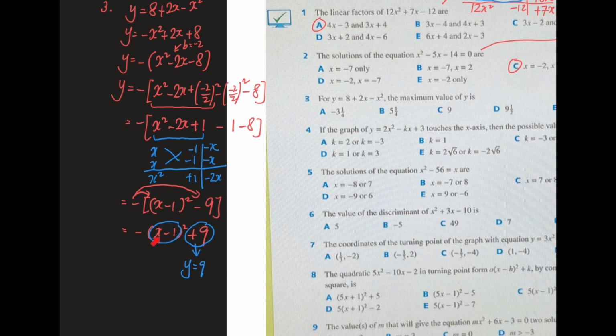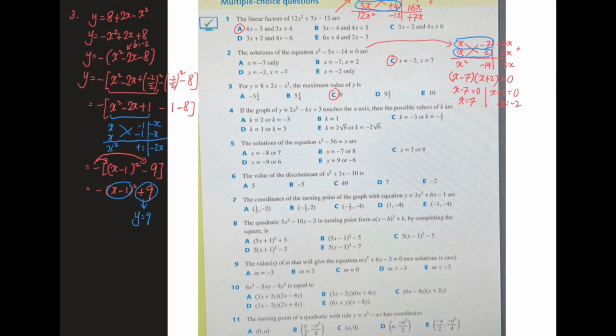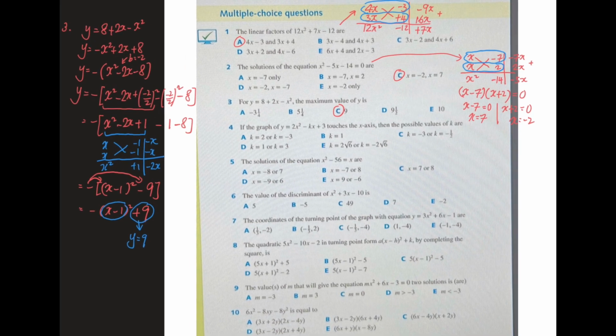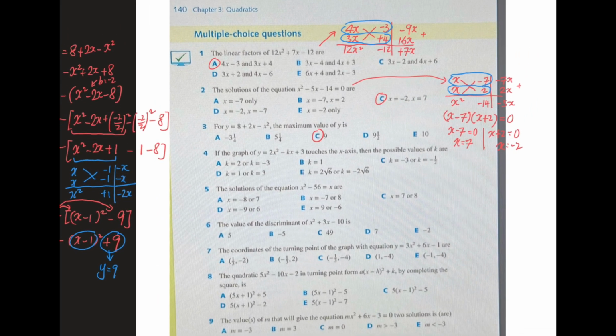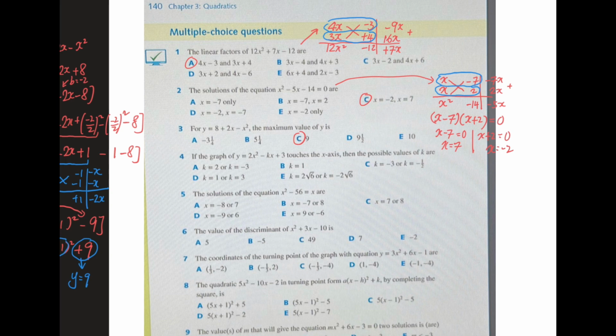The x coordinate, you get it from here. You let x minus 1 equal to 0, then you get x equal to 1. But they are not looking for x value, they are looking for the y value. So we take y equal to 9. Okay, and at the end, the answer is C. It's 9. Okay, that is question 3.